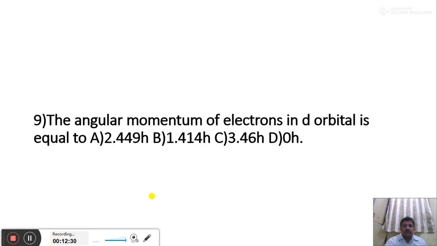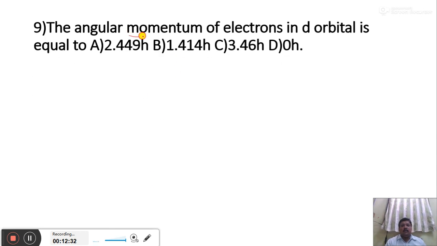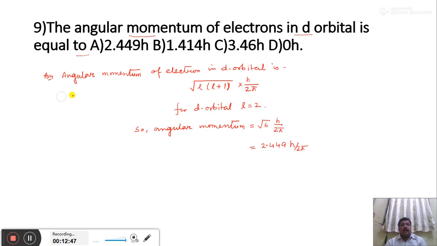My next problem is: the angular momentum of an electron in a d orbital is equal to, there are four options: 2.449 h, 1.414 h, 3.46 h, and 0 h. The actual options are: option A 2.449 h by 2 pi, option B 1.414 h by 2 pi, option C 3.46 h by 2 pi, and option D 0 h by 2 pi.